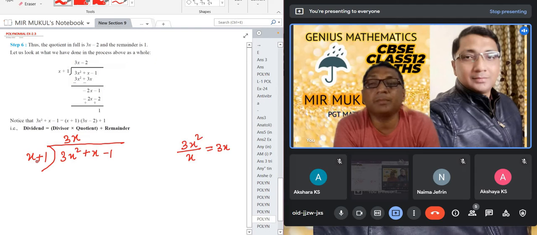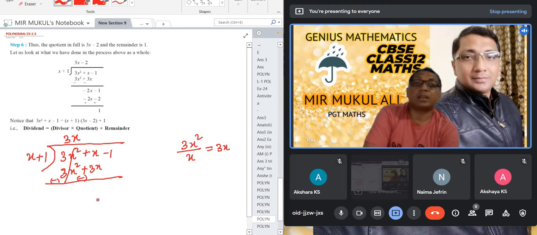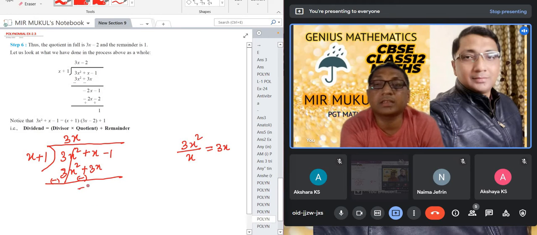Then you multiply this first term with both terms, giving 3x squared plus 3x. After that you subtract, here minus sign and here also minus sign, so this term will be cancelled. Minus 3 plus 1, how much? Minus 2x minus 1.